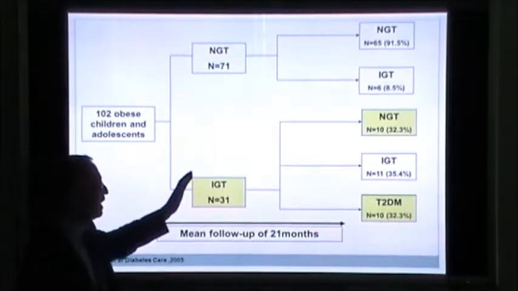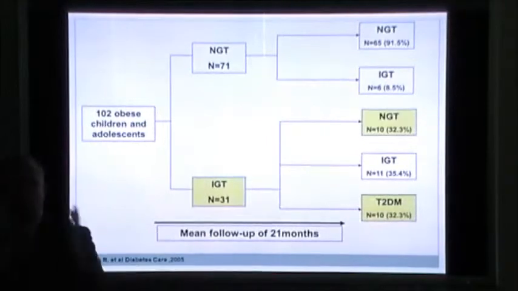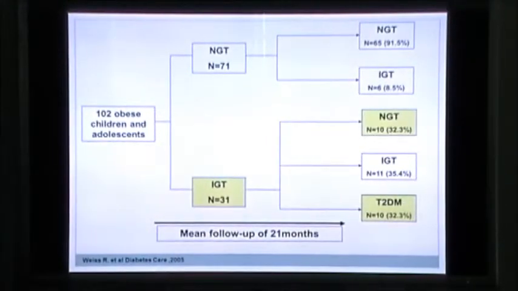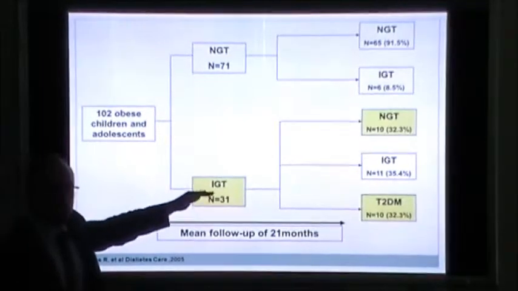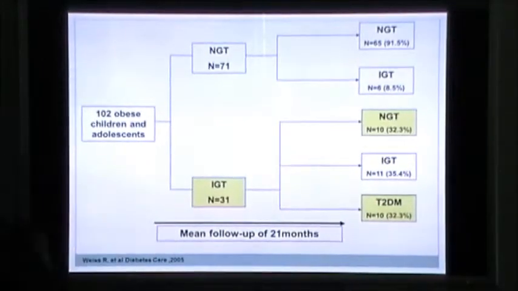So what you see is a natural regression to normal glucose tolerance, or transience of impaired glucose tolerance in this population. That's different than you see in adults. In adults, it's usually a progressive, inexorable process unless there's some change, weight loss, etc. This was just leaving the kids alone and retesting them.